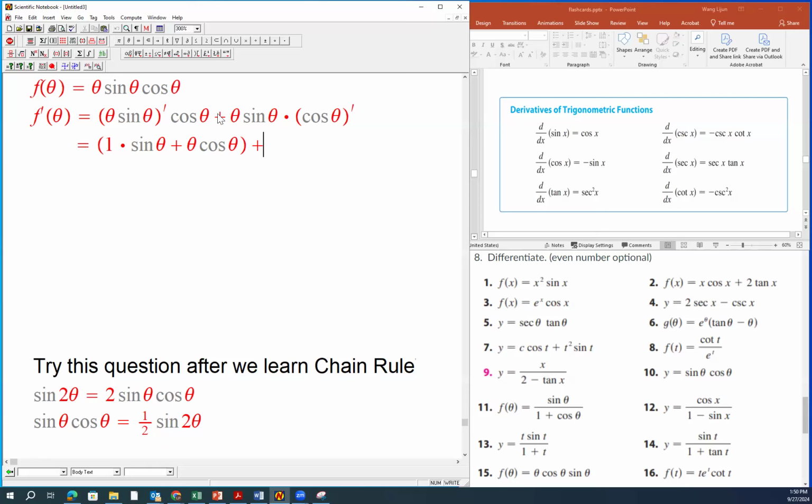Plus, we're taking care of this part. Theta times cosine theta. Oh, theta times sine theta, sorry. The derivative of cosine theta is negative sine theta. Negative sine theta. Okay. Double check my product rule: differentiate theta, differentiate the cosine, differentiate sine theta, got cosine theta. Okay, we're good.